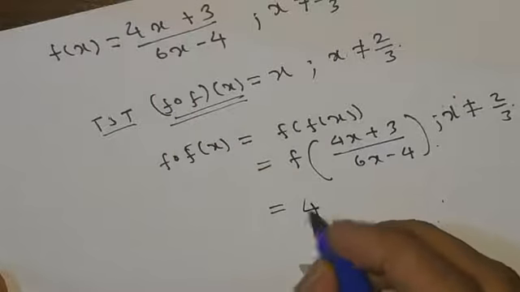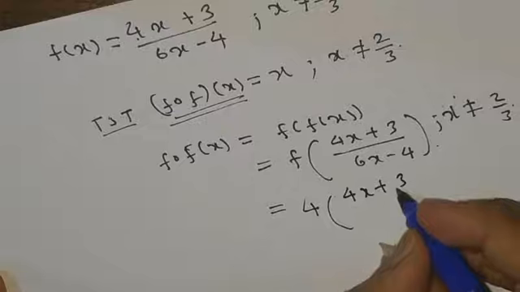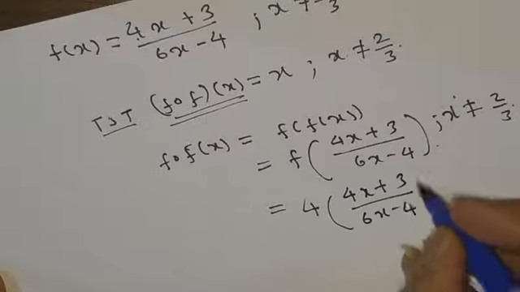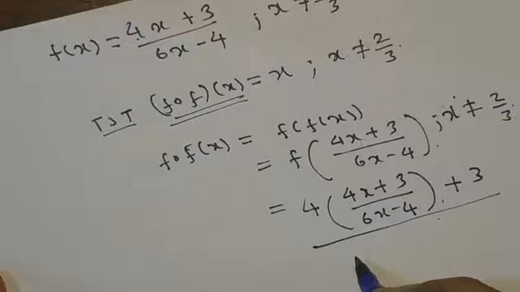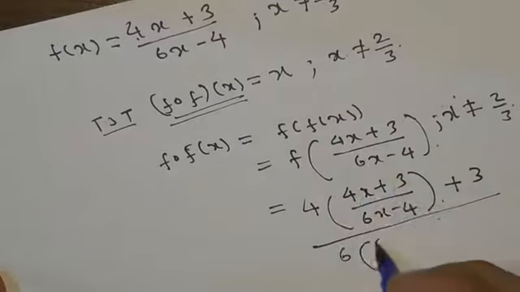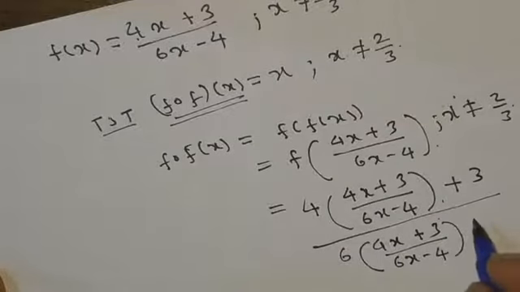So what you will get is 4 times this x, that is (4x plus 3) divided by (6x minus 4), plus 3, the whole divided by 6 multiplied by this x, (4x plus 3) divided by (6x minus 4), minus 4.